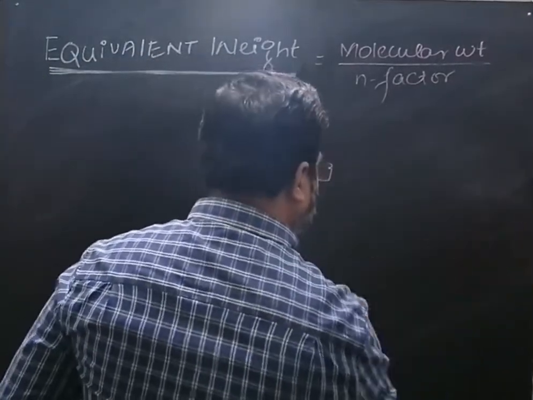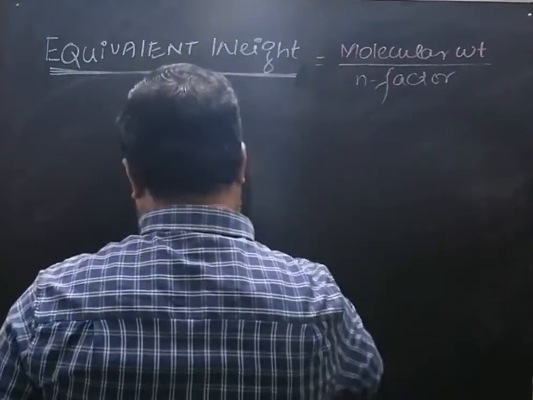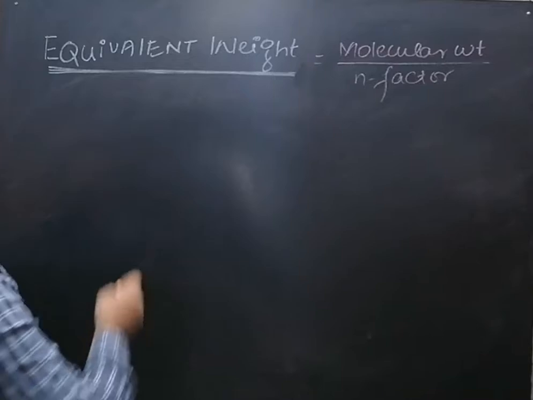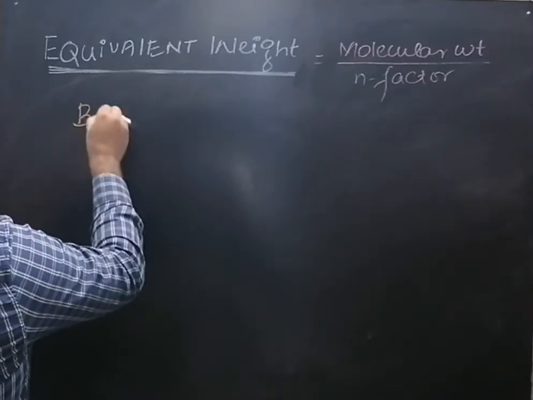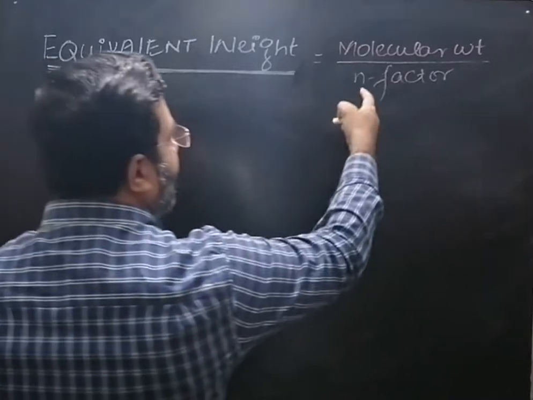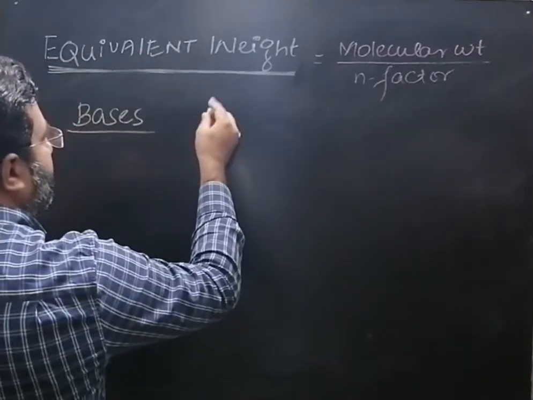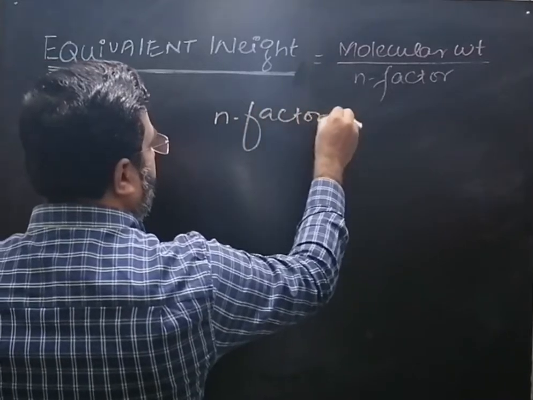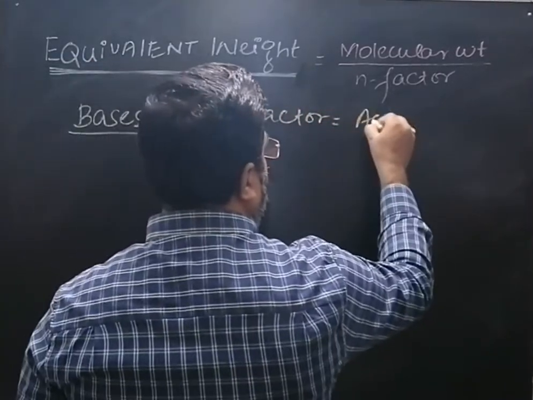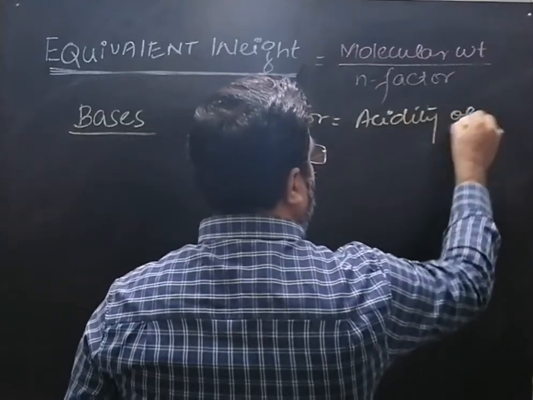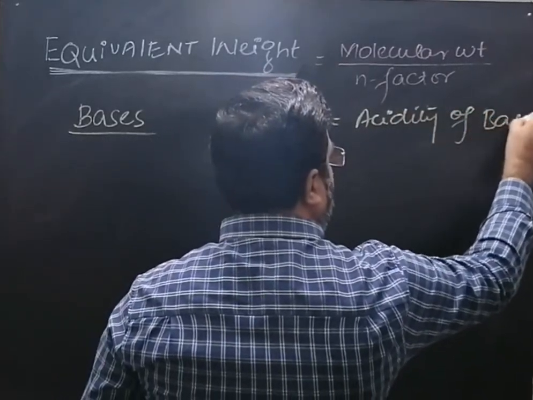Now let us move towards the equivalent weight of bases. How can the equivalent weight of bases be calculated? What will be the n factor in case of bases? The n factor is equal to the acidity of the base.